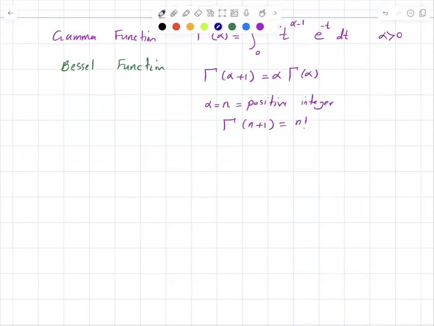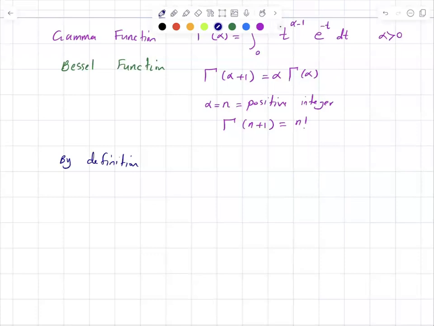Let me change a color. So by definition, we have a definite improper integral, and we can take the limit of the definite integral and continue the process.